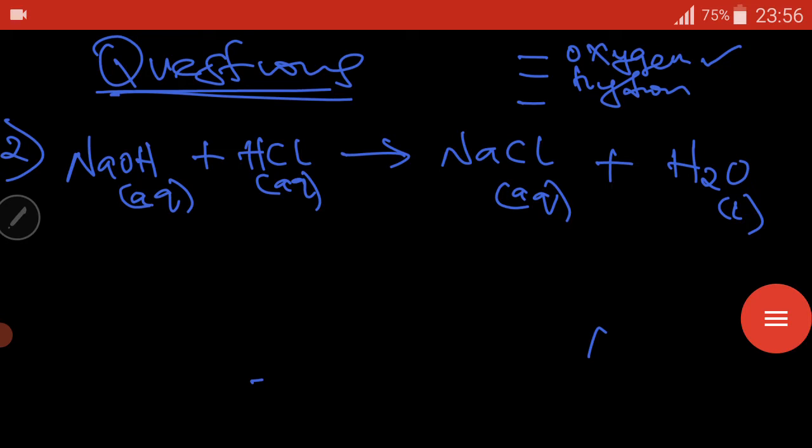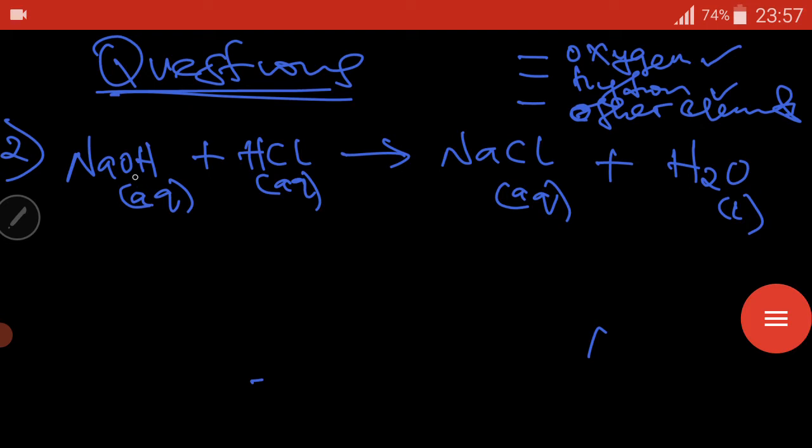If you see any compounds having oxygen, you look for the element oxygen in the compound and balance it first. Then you go to hydrogen, then you can focus on other elements. So let's move in that direction.